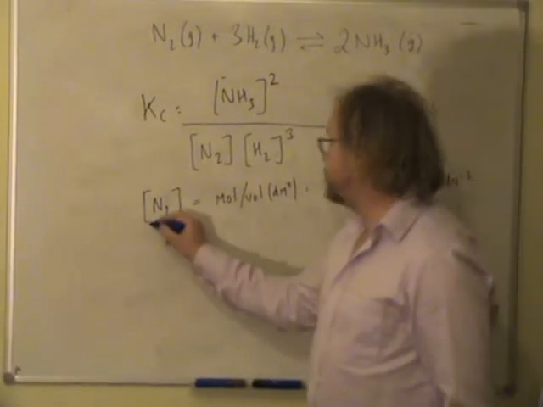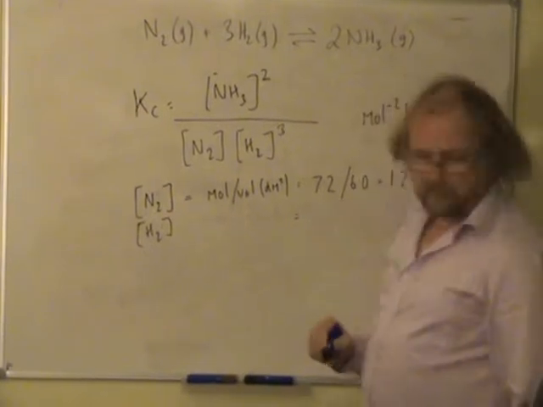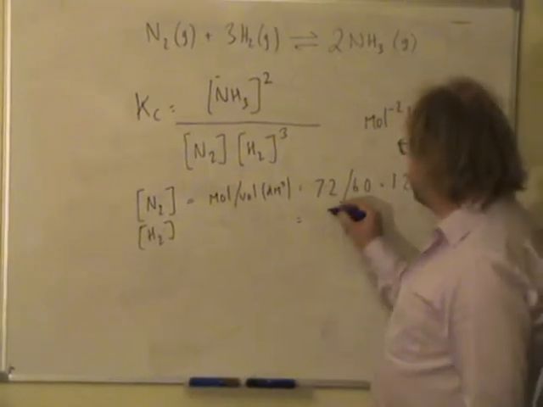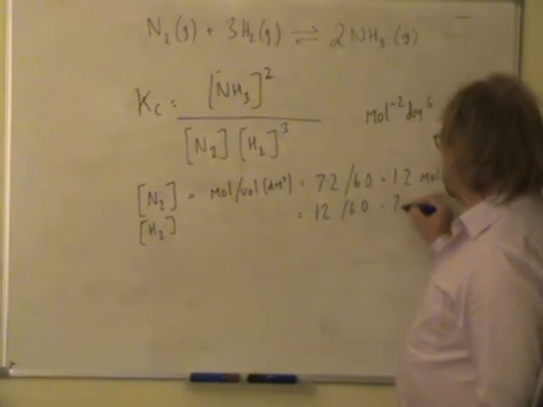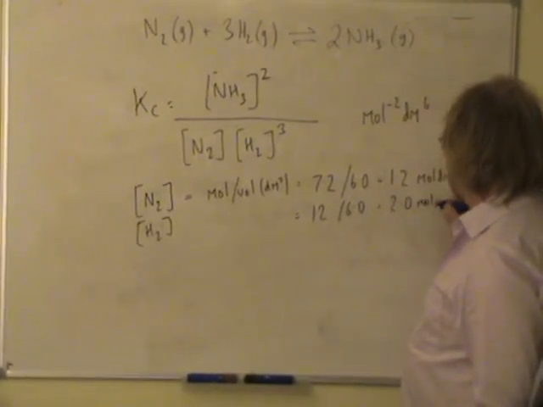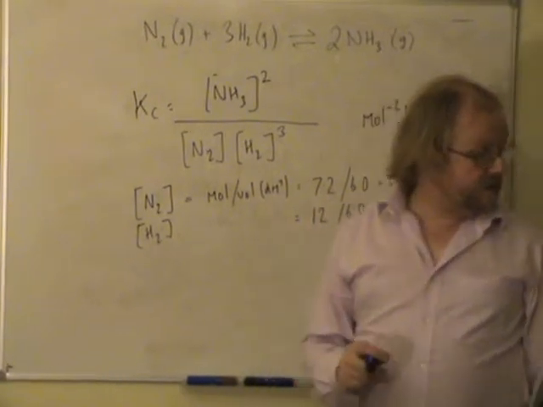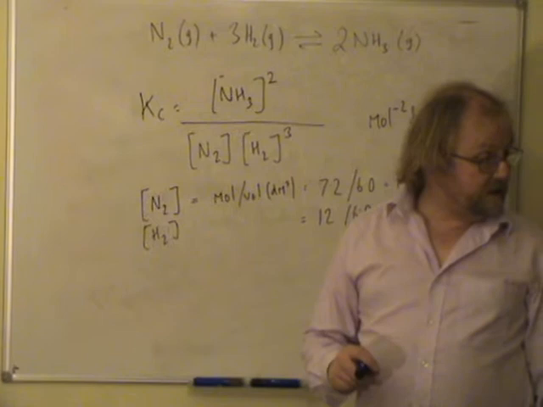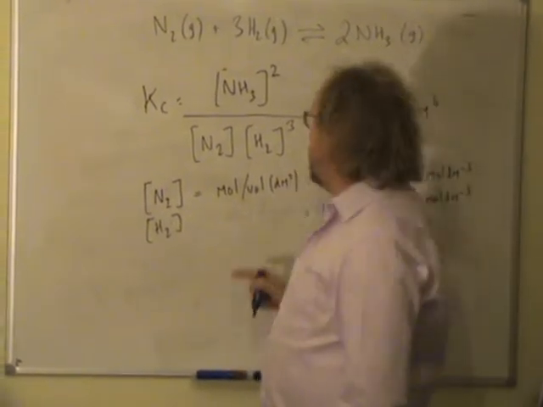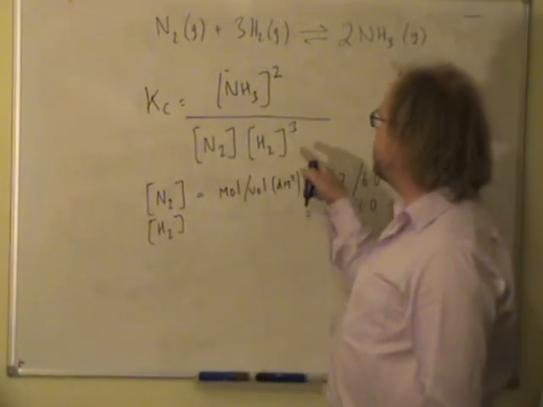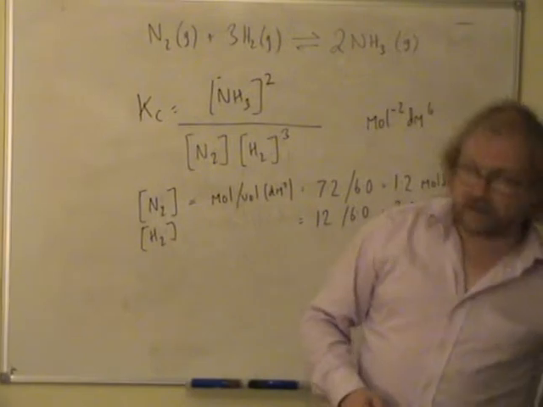Same for the hydrogen, same recipe, but this time we've got 12 moles in our 6.0 dm cubed, so that's 2.0 moles per dm cubed. Okay, so now we've got the numbers. It gives us the value for Kc, which is 8.00 times 10 to the -2, and we now need to just rearrange this expression so that we can solve for the ammonia concentration.